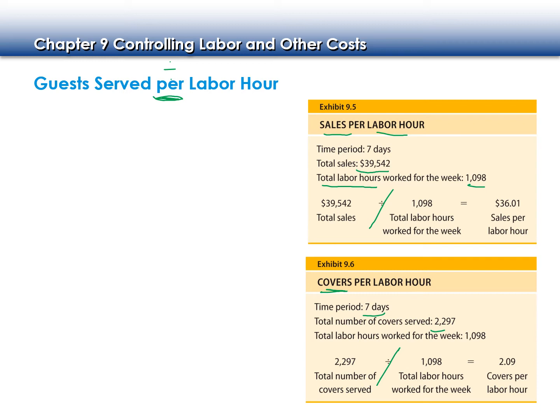Depending on the level of service of the restaurant, if you're an extreme high fine dining restaurant, then 2 covers per hour may be appropriate. If you are a fast food restaurant, then 2.09 people per labor hour probably would not be a good number.